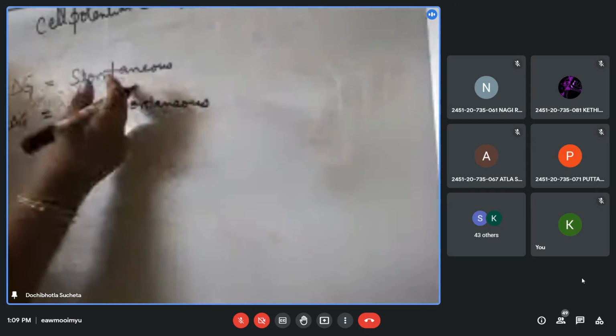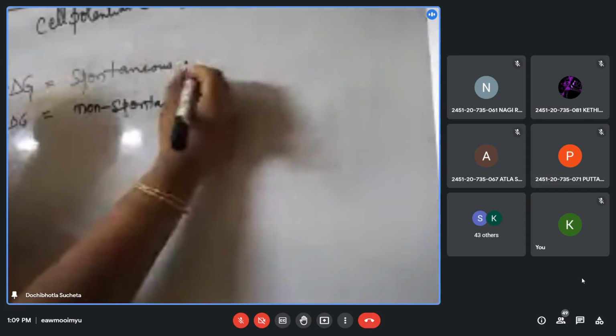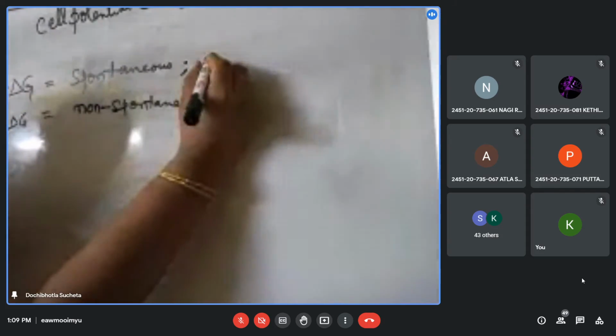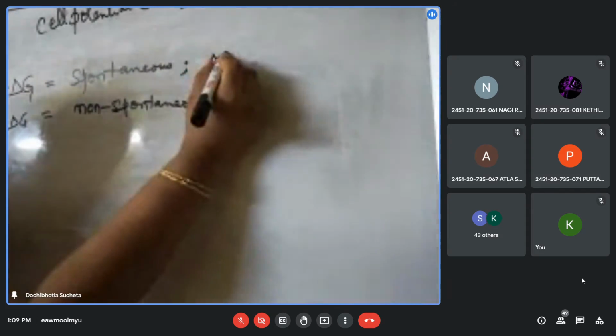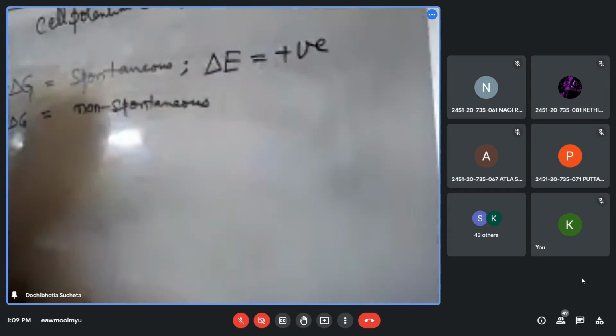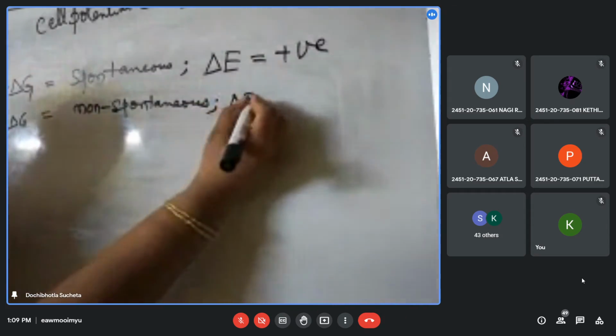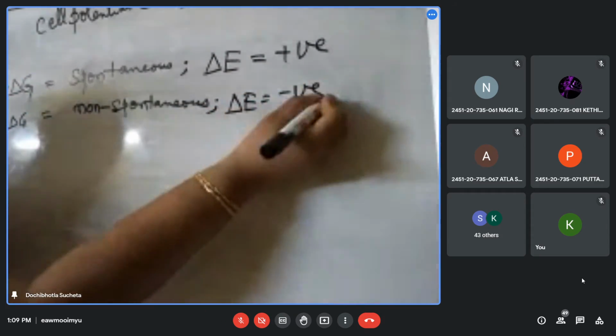But what it is corresponding here is that whenever there is decrease in free energy, the reactions are spontaneous, but delta E is always positive. Here, delta G is negative.